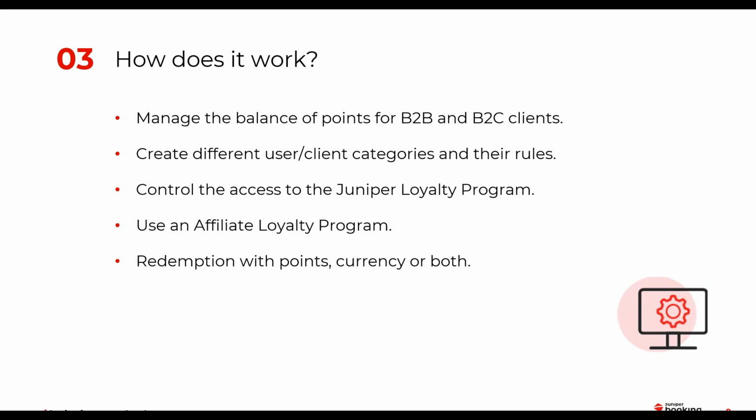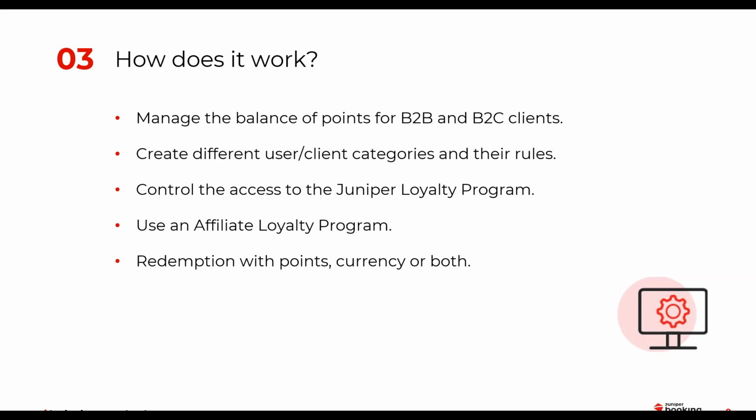You will also be able to apply different rules for certain customers, suppliers, a specific type of booking, marketplace, or the type of product offered, for example, accommodation, flights, or transfers. There is also the possibility to define who will have access to the Juniper Loyalty Program.